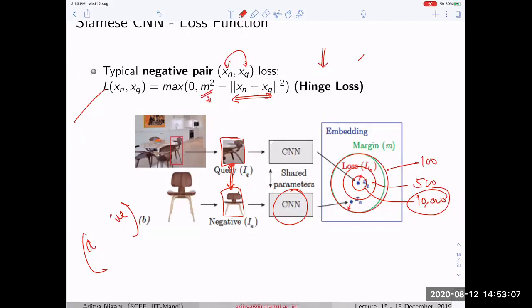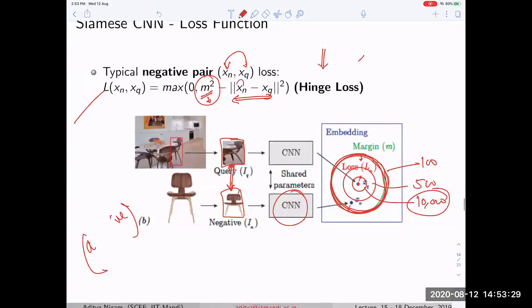If you are over here, then maybe zero loss. But if it is less than this, I am going to penalize, because this is the social distancing norm. If I am having a person over here, you cannot have any person within this range. What is that range? That is my m, that is the margin. So if the distance between xn and xp is less than the margin, how much less it is with respect to this m, that is going to be the loss.